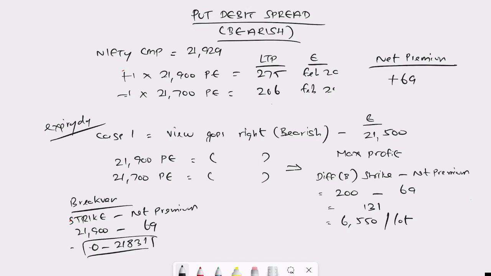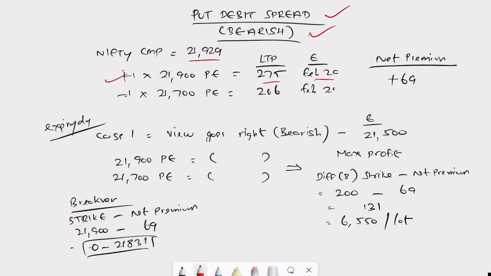So this is how a call debit spread works. Now, let's see how a put debit spread works with a live example. So a put debit spread can be used when the view is bearish. Let's say the Nifty closing price is 21,929. So as per the rules, we buy one lot of 21,900 put option, which is at the money, for a premium of 275, and for expiry Feb 29.